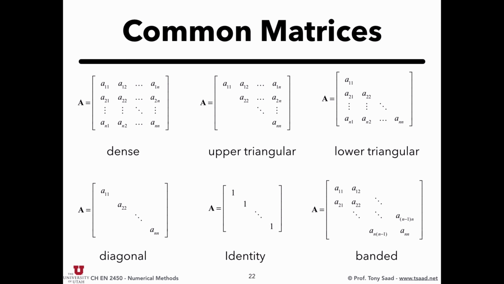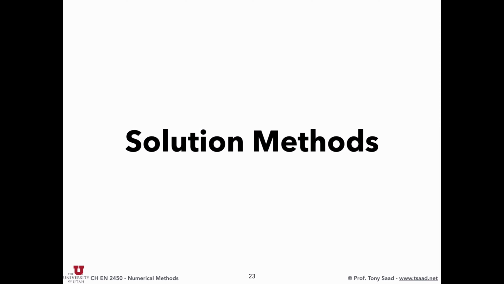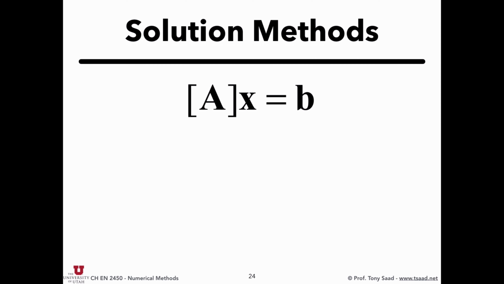Okay, so now we had said that the goal of linear solvers is to either find a solution to A inverse, an approximation to A inverse, or find the solution vector x without directly calculating the inverse of A or the approximation of the inverse of A. We will distinguish between 2 key solution approaches.